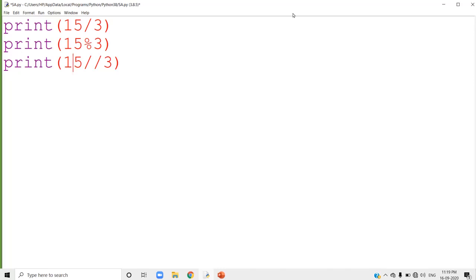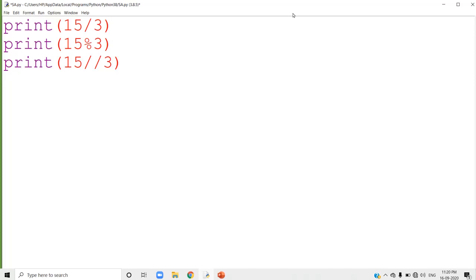And the second answer, 15 percentage 3. Percentage means remainder. 15 by 3, 5 threes are 15, so the remainder will be 0. So the second answer we are expecting is 0. And the third answer is integer division. 5 threes are 15, 5 is the quotient. It will not take the fractional part, only the whole number part.